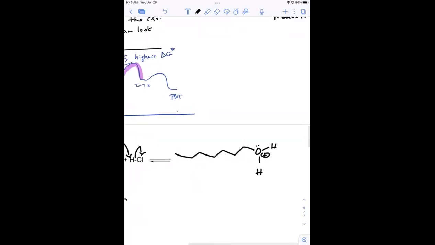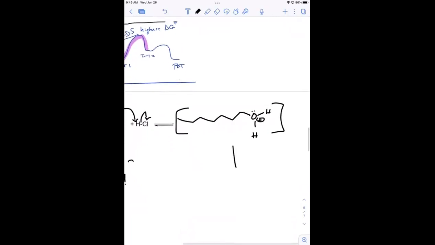Was that right? That's my intermediate. Now this intermediate, and then plus, I'll just put plus chlorine. This intermediate, think about what happened up top. Right? Let me show it this way.